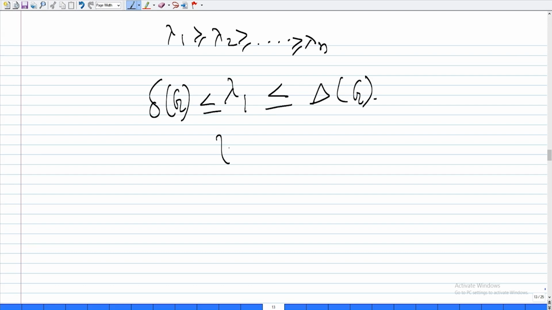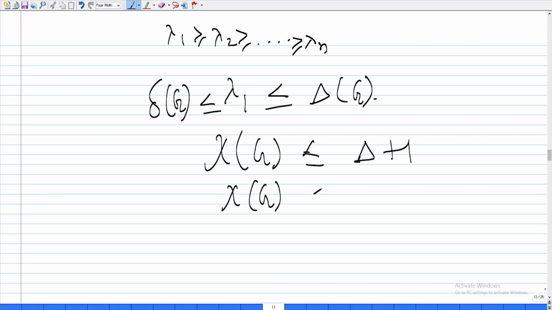And in fact, yesterday we have seen this about the chromatic number. The chromatic number chi of g is less than or equal to delta plus 1. In similar lines we can also write chi of g is less than or equal to 1 plus lambda 1 of g, the largest eigenvalue of the matrix.